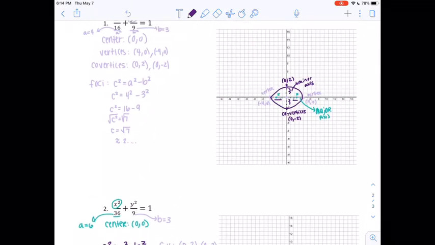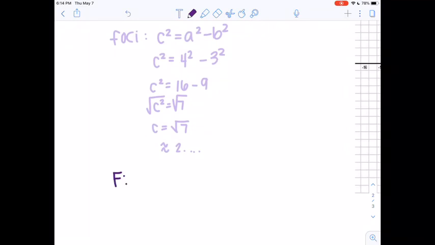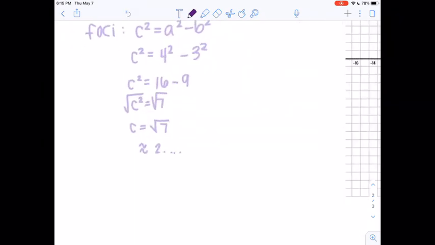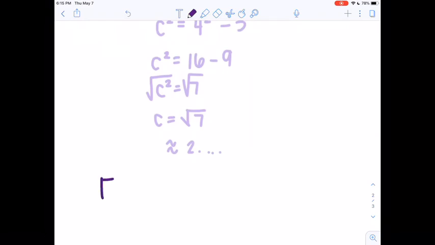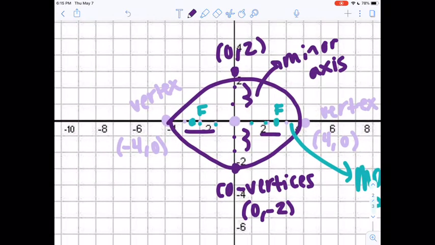Okay, let me go back to this problem so we can label our focal points here. Now if I want the foci for this one, my center again was at 0, 0. So we start at 0, and our major axis is along the x-axis, so you're just shifting along the x.